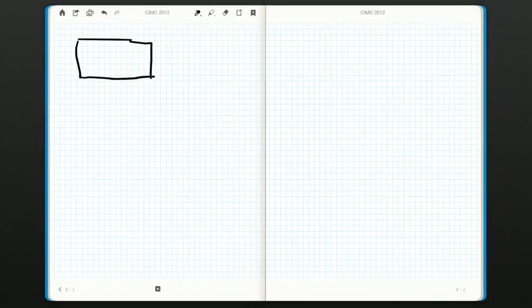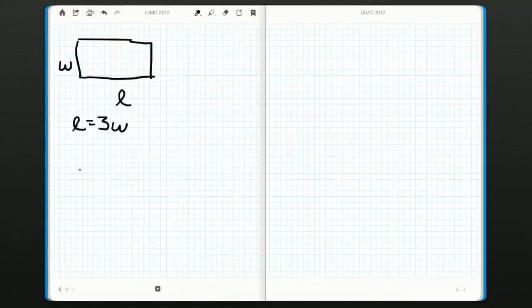So here's our rectangle, and we have a width and we have a length. But we're given more information than just that. We know that the length is 3 times the width. So we're going to use that and combine it with some more information, and hopefully we'll be able to figure out the dimensions of the rectangle.